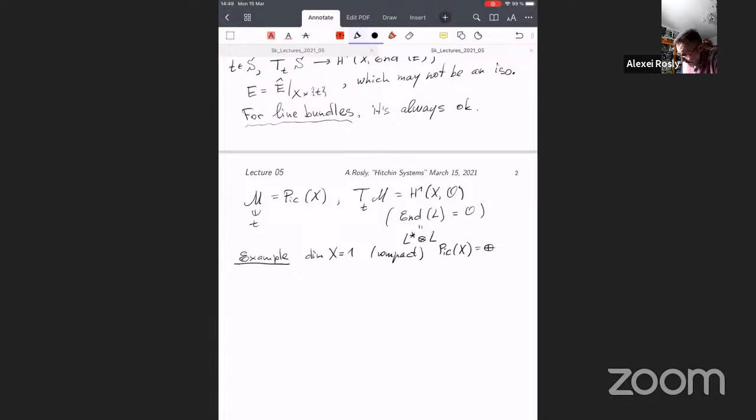It is an abelian group, therefore I use an additive notation. It is a direct sum of connected components labeled by an integer number t, which is the degree of a line bundle. So it's the sum of integers.